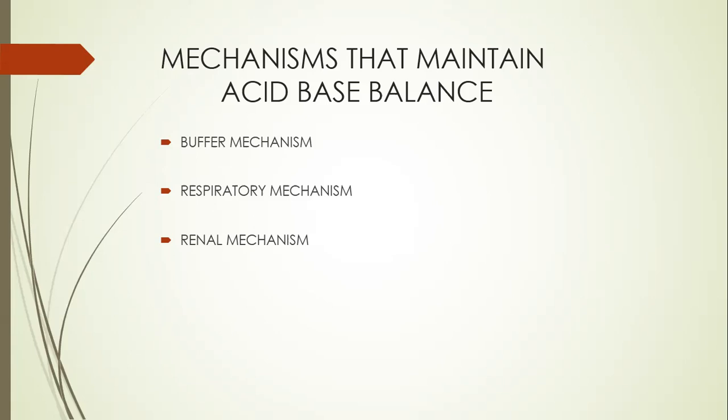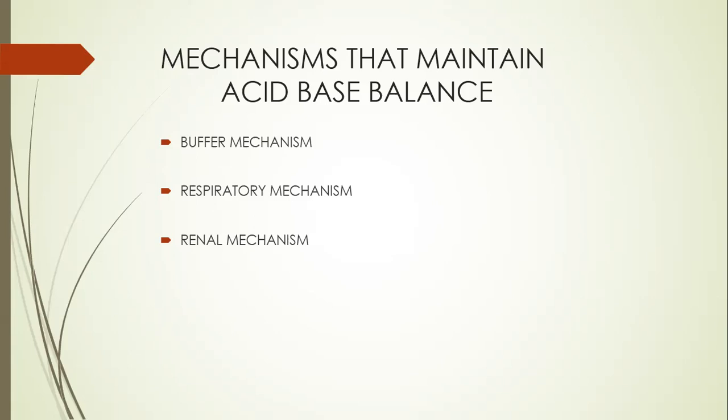The respiratory mechanism controls the exit and entry of carbon dioxide, which means it will determine the rate and depth of respiration, so that it will increase or decrease the oxygen demand, so as to control the carbon dioxide emission from the body.